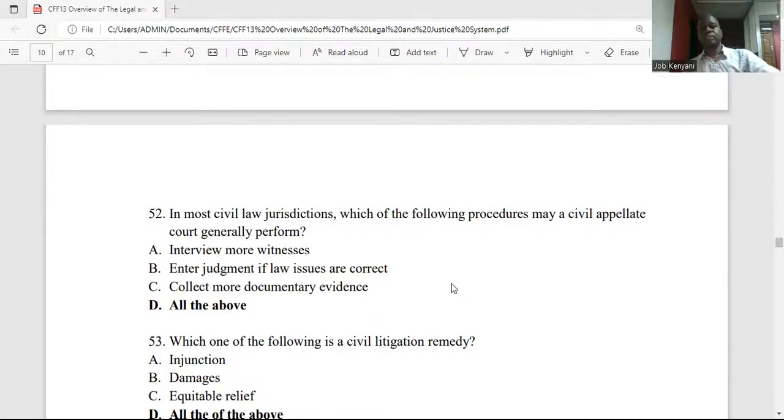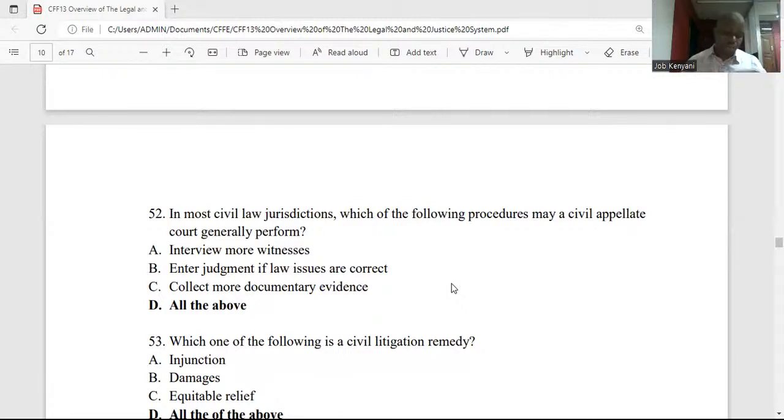In a civil law jurisdiction, they apply the judicial process known as inquisitorial, whereby they do a lot of inquiries and investigations. Just remember, under a civil law jurisdiction, they apply that inquisitorial system, so the court is able to carry out its own investigations before they give out the verdict.